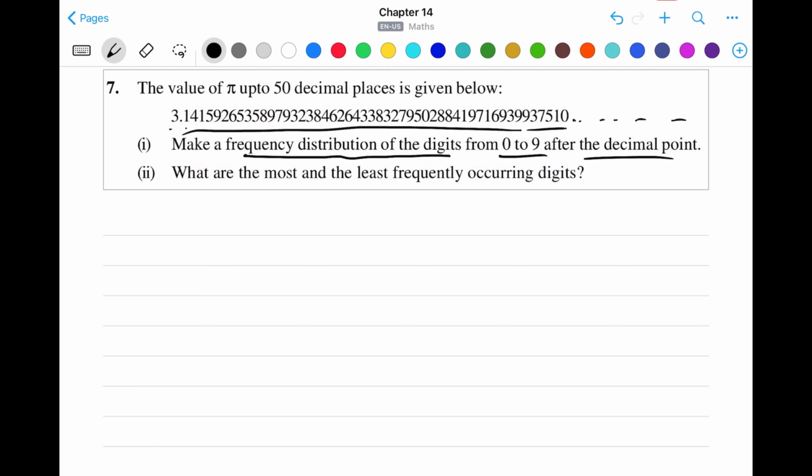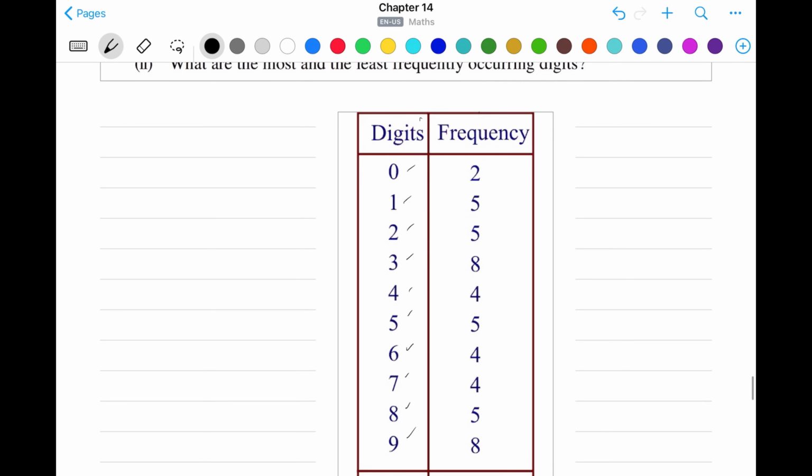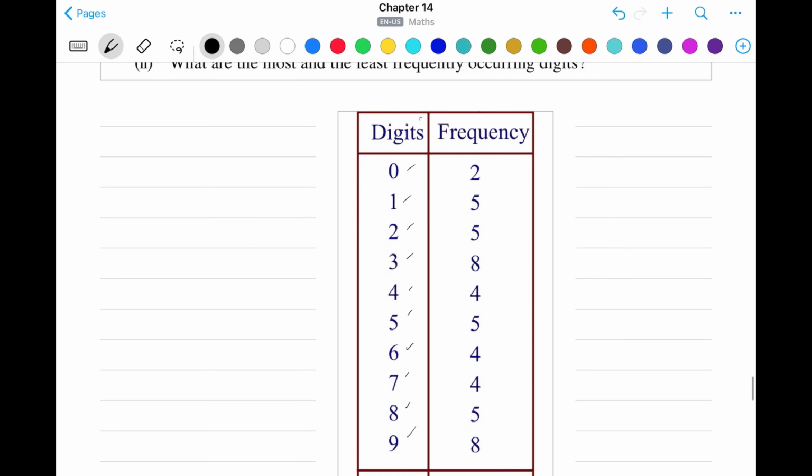So let's draw its frequency distribution table first. That's its frequency distribution table. We have marked the digits here and then the frequency. First we have 0, 1, 2, 3, 4, 5, 6, 7, 8 and 9, all the digits in the decimal expansion of the value of pi.